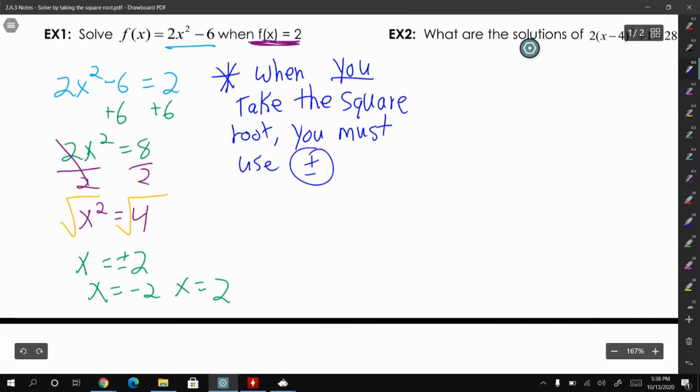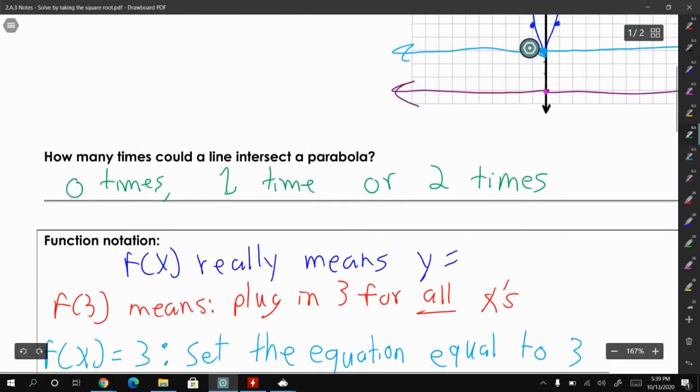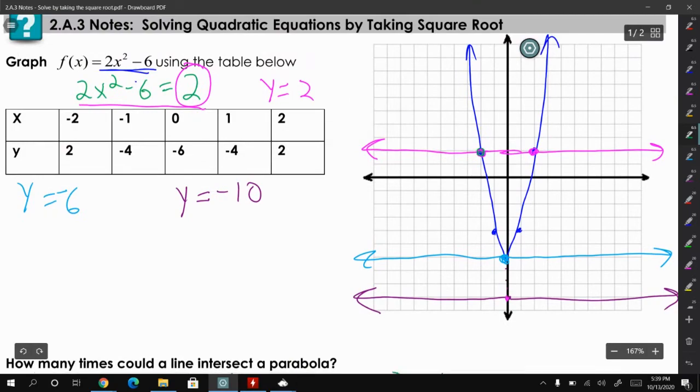Now, there could be equations that already have square roots in them, and then you don't need to worry about plus or minus because the square root's already there. But when we solve this equation right here in yellow, we had to take the square root, so we have to have plus or minus. That accounts for the two solutions. Up here, you saw that we could have two solutions.